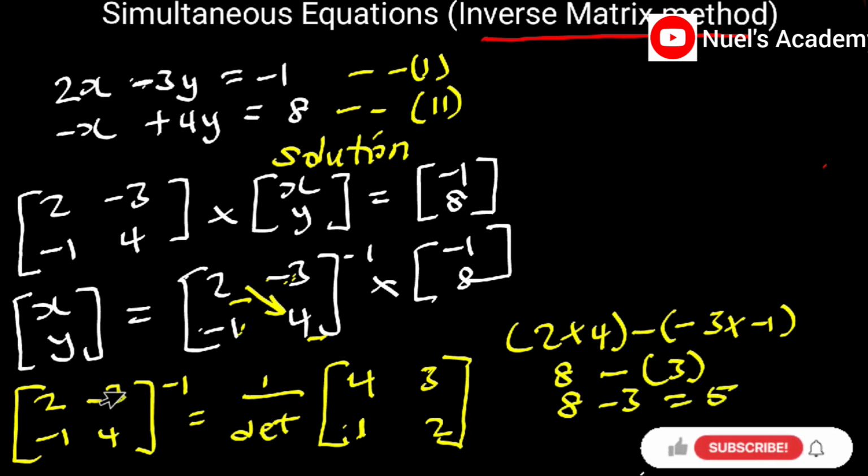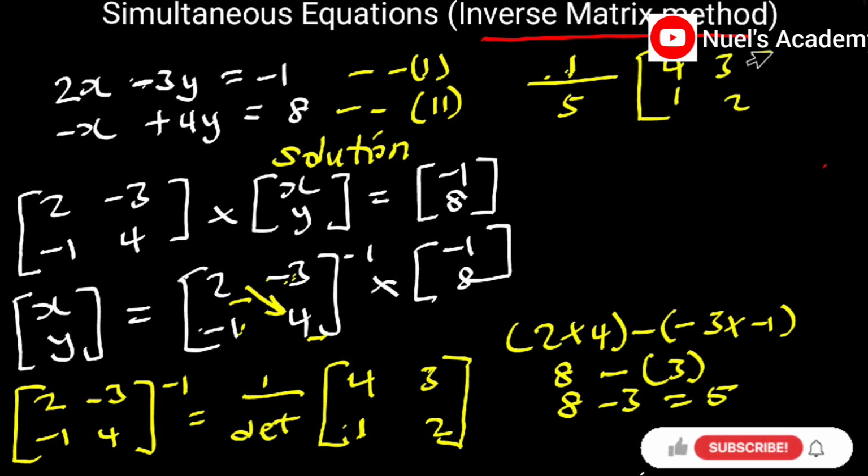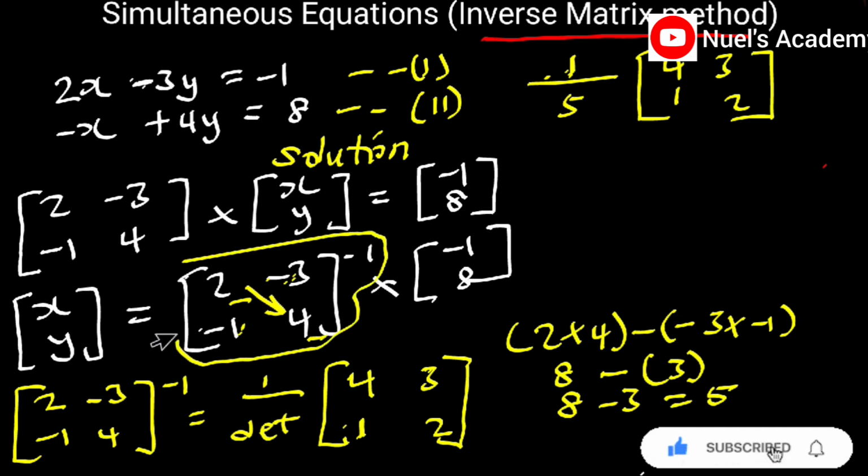So we have that the inverse of this matrix is given as 1 over the determinant, which is 5, into 4, 1, 3, and 2. We're going to replace this matrix with this, and then multiply this with negative 1 and 8.